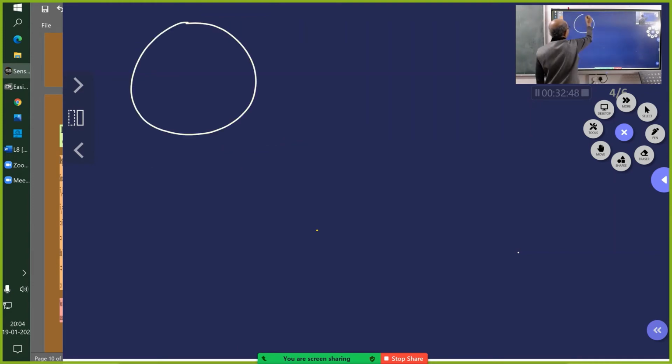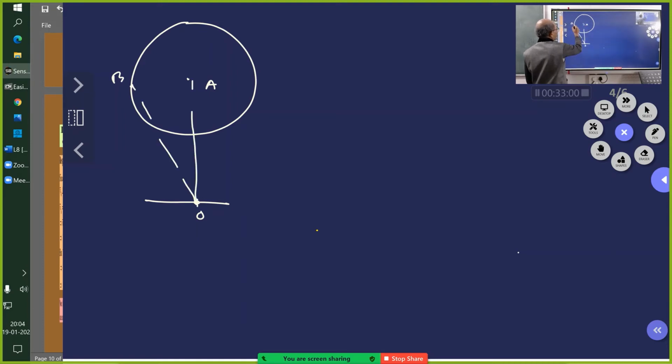So here you have A and you have B and you have O. Now this body is rotating about O. That is pure rotation about O. So A will somewhere become say A dash here, and B will become B dash here.